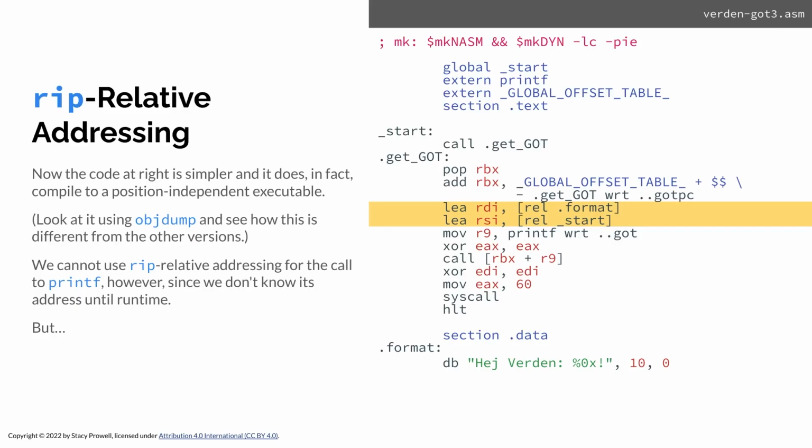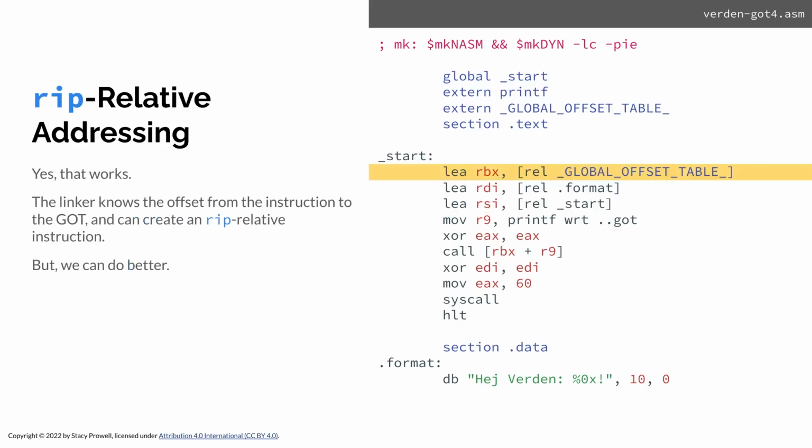Got it. See, that would be great. So what I need to do now is say rel and then somehow specify the location in the GOT that holds printf, and then I'd be good, but I might still need to know the GOT to do that. Ugh, this is painful. Could I do that? It turns out, yes, I can absolutely do that.